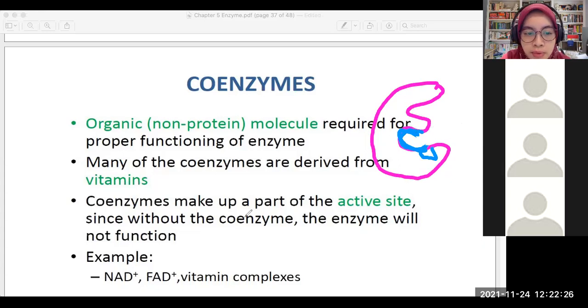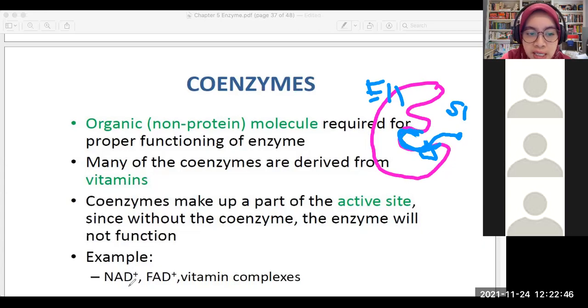For example, we have NAD+. Let's say we have substrate 1, and this is enzyme 1. NAD+ will come and bind to its binding site, the coenzyme binding site on the enzyme.